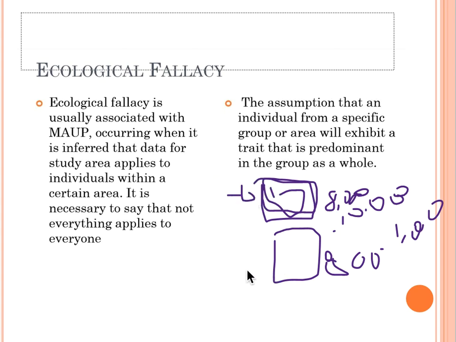And the same applies here. If we say that everyone in this box makes an income of 800 to 1,000, that is generalizing it, and it could be that really there is one person that is above the poverty line. So that is an example of ecological fallacy.